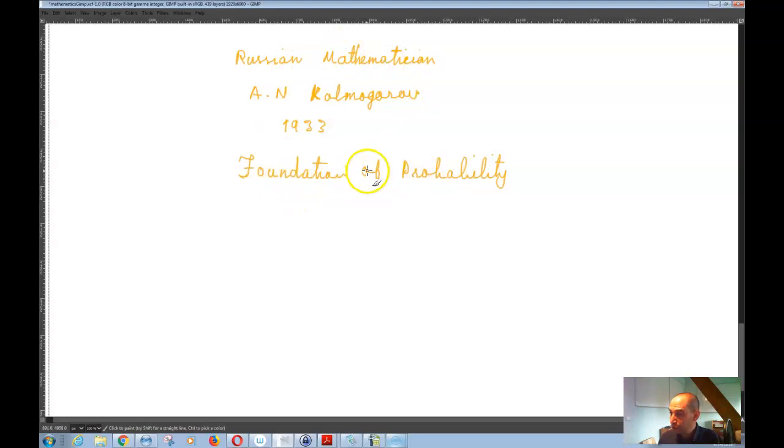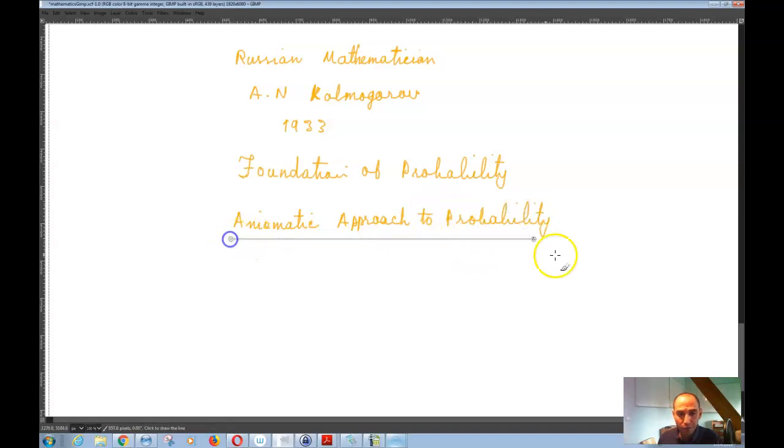The approach that he developed there is called the Axiomatic Approach to Probability. And that's basically what we want to do in this chapter.